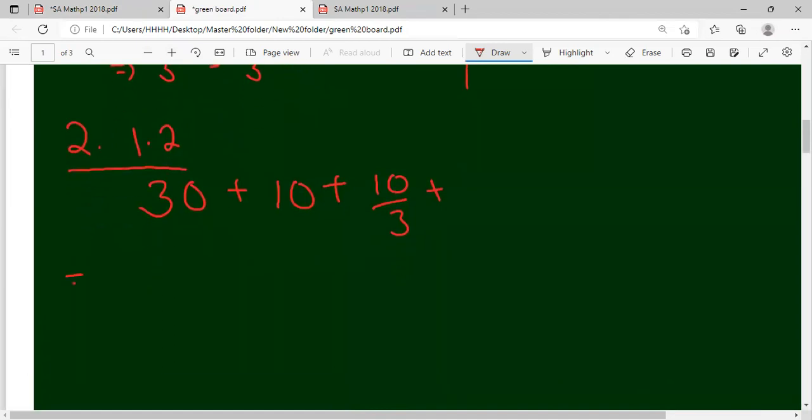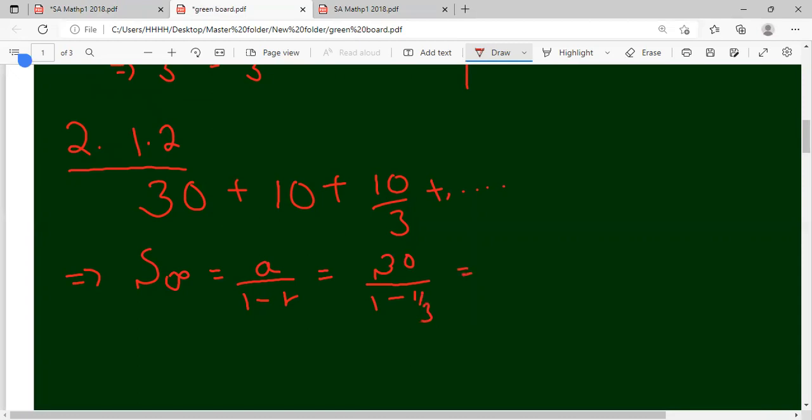To get the sum, take note, after the plus we have these 3 dots, meaning that we need to find the sum to infinity. So the sum to infinity is equal to the first term over 1 minus the common ratio. Our first term is 30 divided by 1 minus our common ratio, which is 1 over 3.